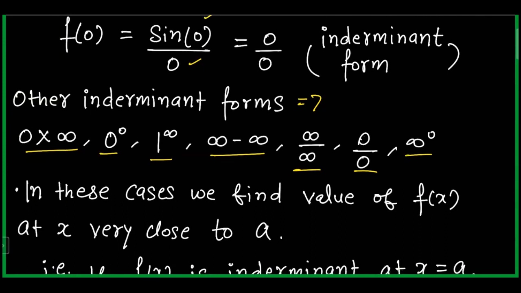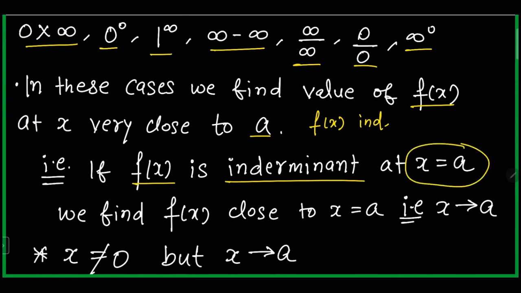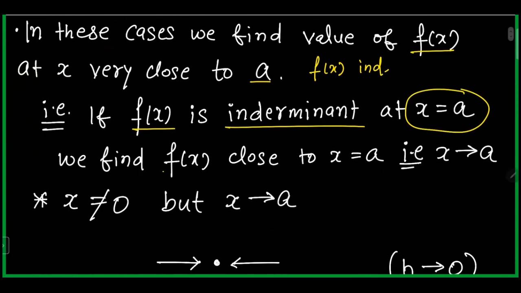So what we do is find the value of f(x) very close to a. Let's say f(x) was indeterminate at x equals a, so we cannot find the value at x equals a. So we find the value of f(x) very close to a. We won't find the value exactly at a, but very, very infinitesimally close to a.